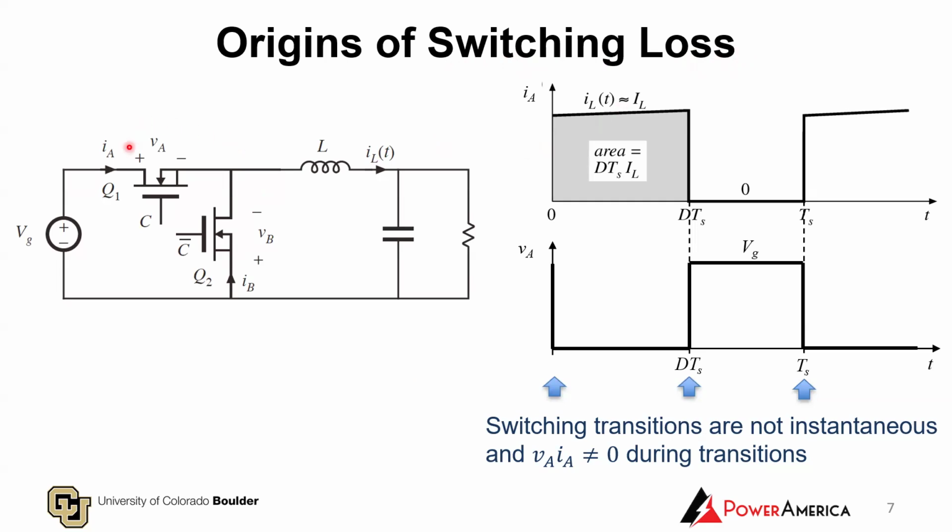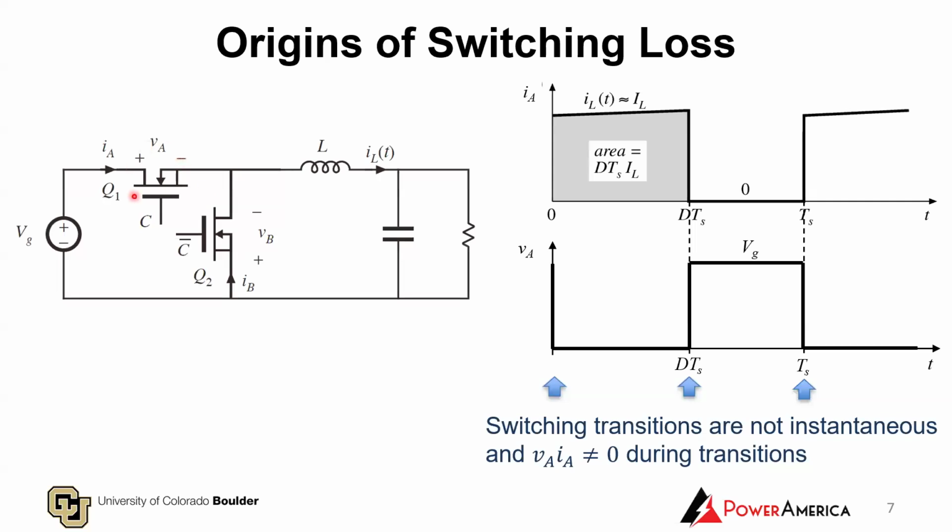So when we look at the practical circuit of a power converter, such as the simple buck converter shown here, recall that we have the switching action implemented by having these two switches, the main control MOSFET and the synchronous rectifier operating in a complementary manner.